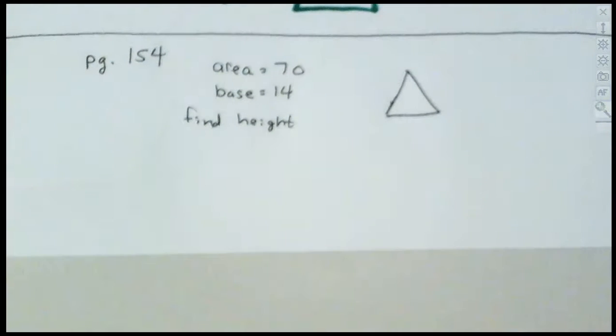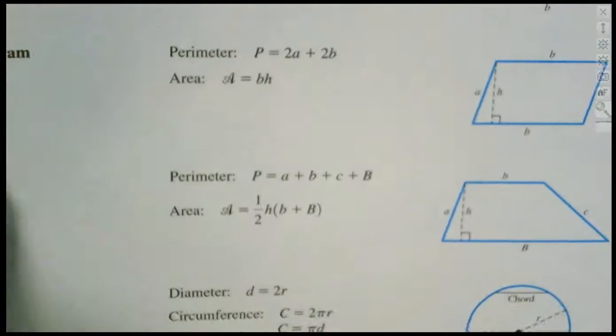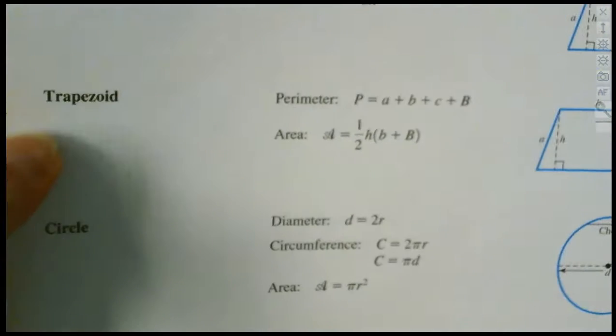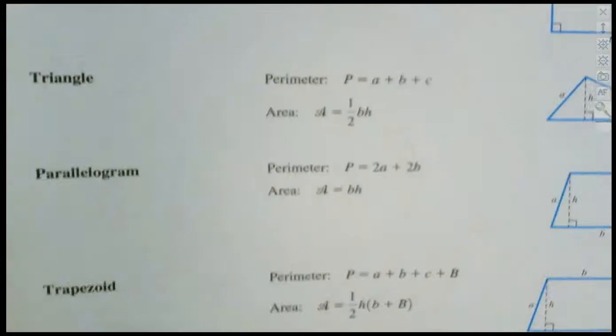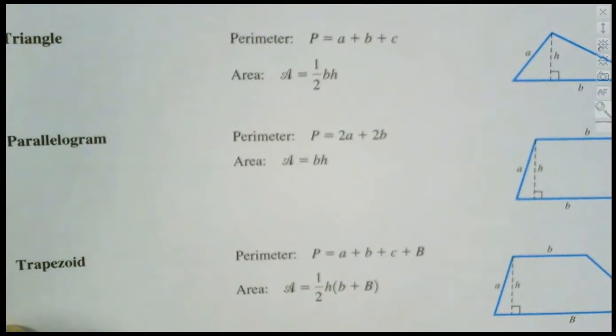Now we go to the back cover of our textbook. And in the back cover of our textbook, we've got different formulas, and we're going to go now to the triangle. Okay, that's a trapezoid, parallelogram. Triangle one is right here. So we've got a triangle.